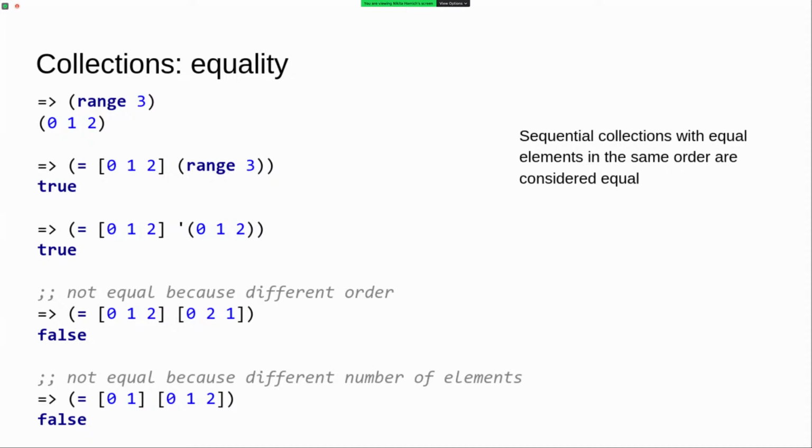So when the range function is finished, there are no numbers at all. And on the other hand, the vector that we have hard-coded here is the real data structure that is stored in memory. But the end result is the same. They're both collections. They have, in the end, the same structure and the same elements, the same order. So the equality operation returns true.